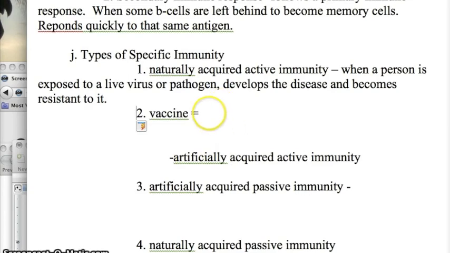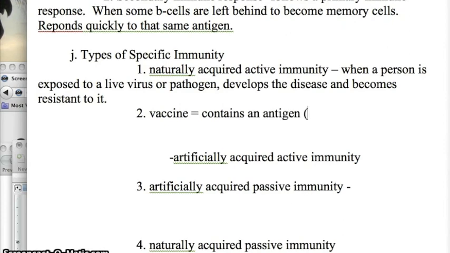So a vaccine can be also utilized to create what's called artificially acquired active immunity. So naturally acquired is you just pick it up in the environment. Artificially acquired is it's just going to be injected into you. So a vaccine contains an antigen.